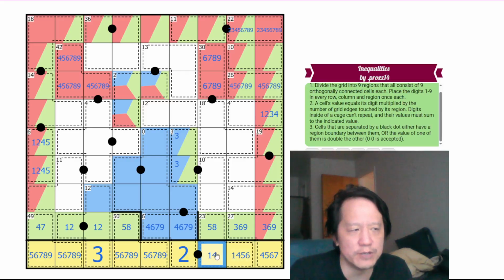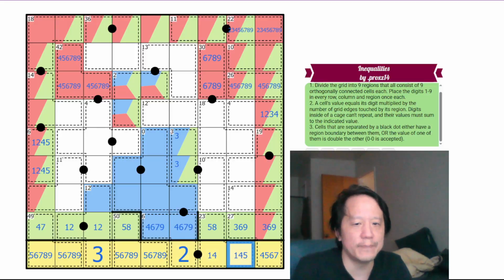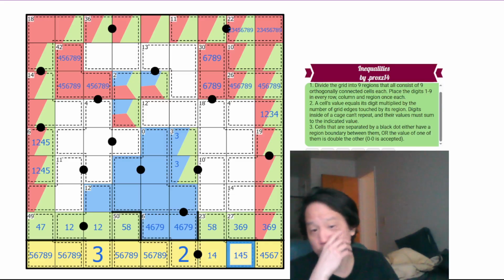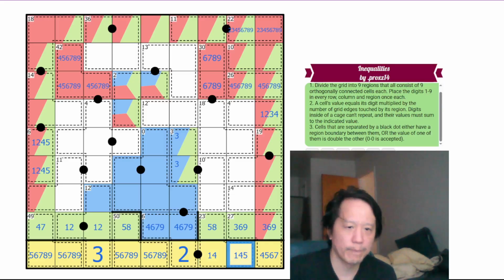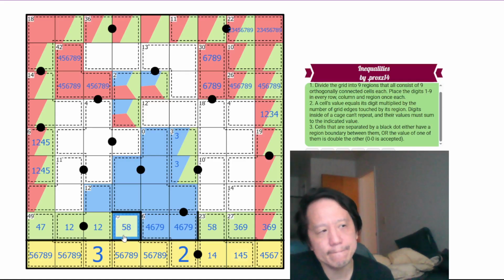So then this would be 1, 5. 23 minus 8 is 15, which would be 1, 4, which is 5 tripled. So this cannot be 6. It'd be 1, 5 or 1, 4. This is 14 or 15. This is 14 or 15 also.